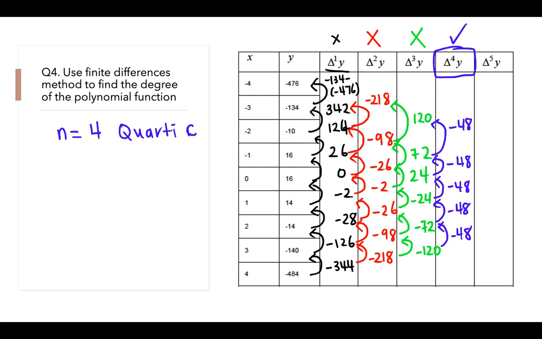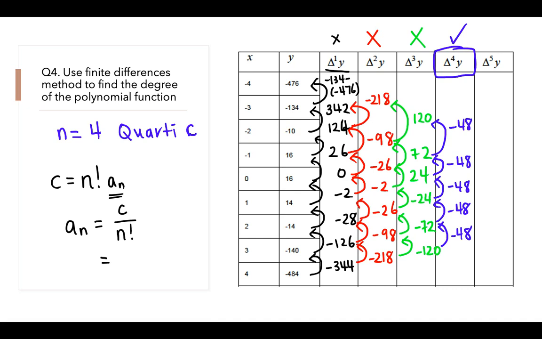And just as extra information, if we want to find the leading coefficient, we can use the formula C equals n factorial times a_n. We're going to isolate for the leading coefficient, so a_n equals C over n factorial.